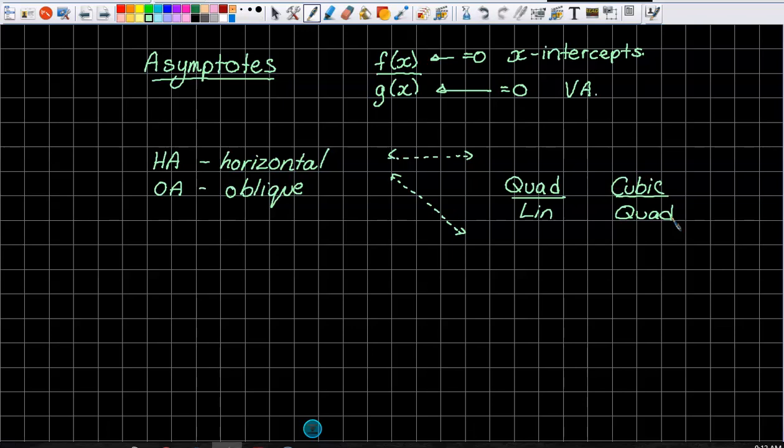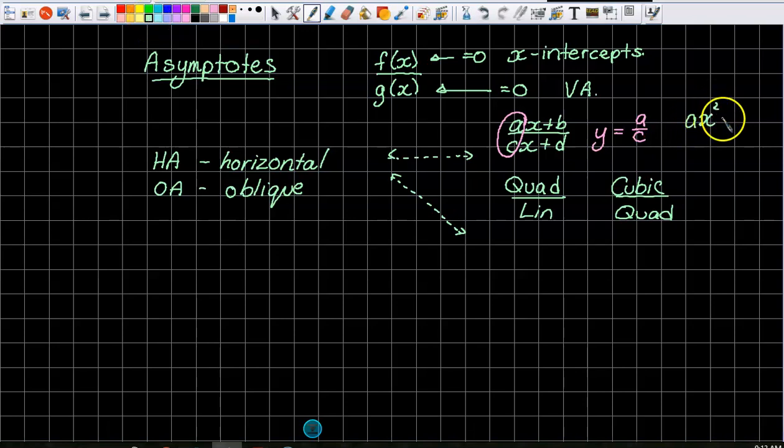When we had the horizontal, if you had linear over linear, your horizontal asymptote is A on C, y equals A on C. And it's the same thing if you had quad on quad. I'm not saying if we had, because we haven't done these yet, but we will.